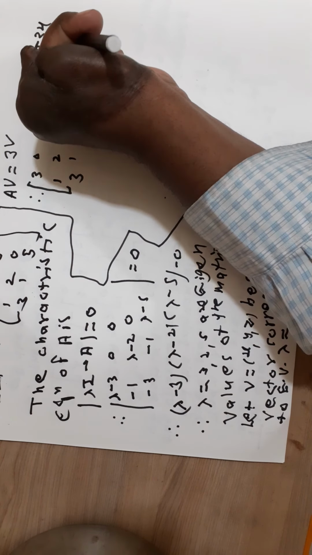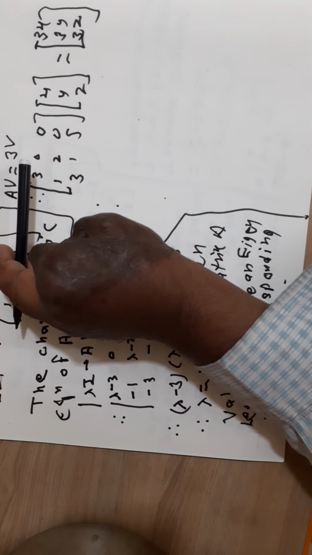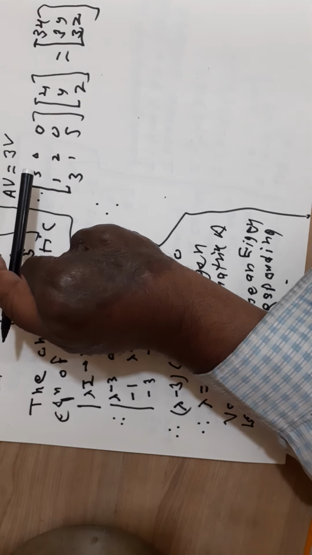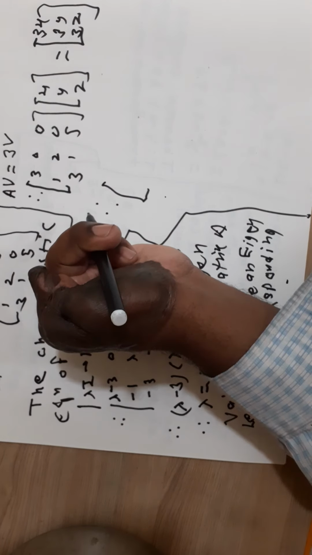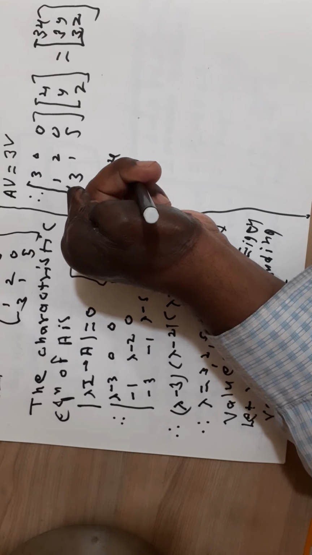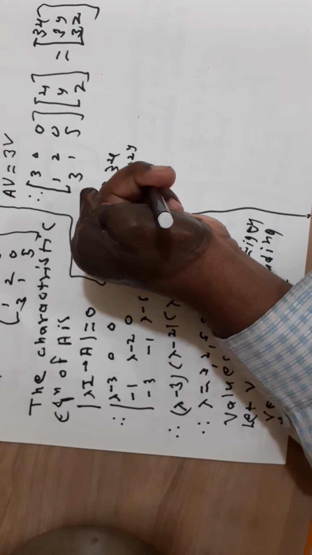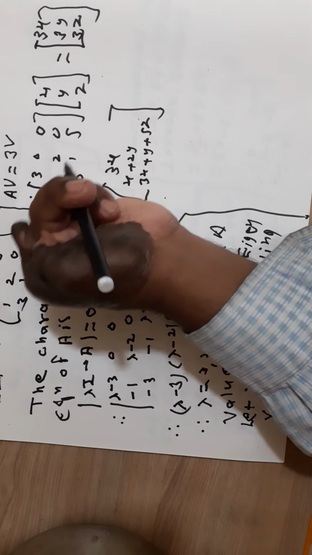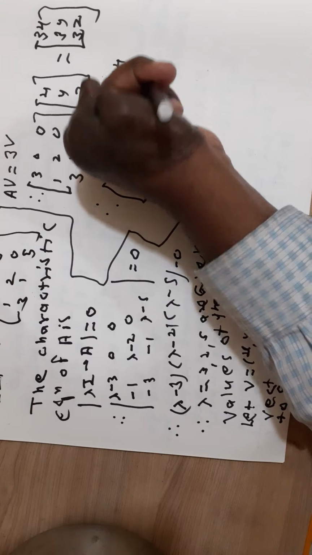This is a 3 by 3 matrix times a 3 by 1 matrix, so the resulting matrix is 3 by 1, a column matrix: 3x plus 0y plus 0z, then x plus 2y, then 3x plus y plus 5z, equal to the column matrix 3x, 3y, 3z.